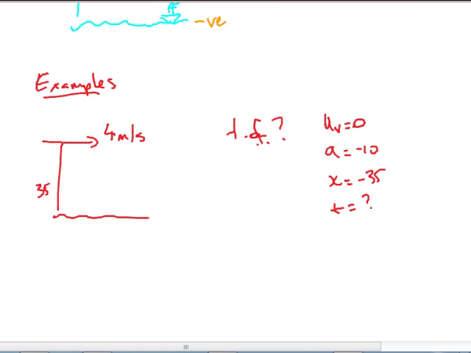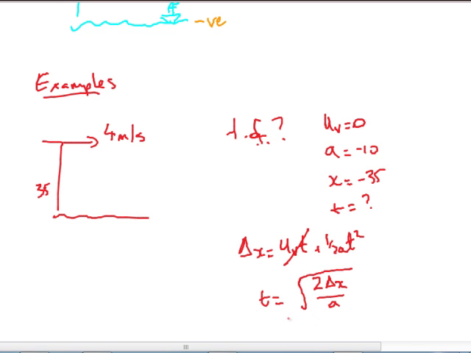So looking at that, and as I suggested before, delta x equals UVT plus a half AT squared has all those four variables in it. That one's 0. So T will equal the square root of 2 delta x over A. Obviously, when you take a square root, you've got a plus or minus, but negative time would make no sense.